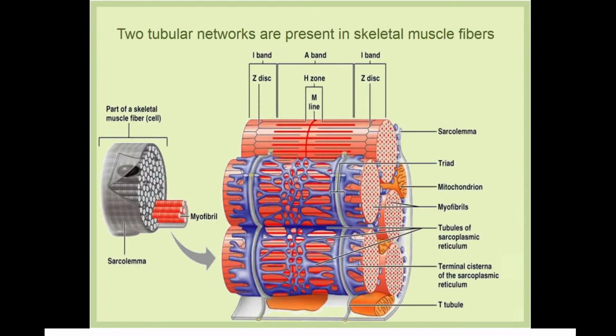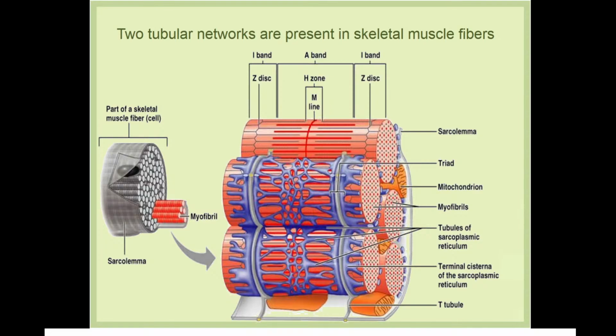Two tubular networks are present in skeletal muscle fibers. The transverse one is named the T-tubular network.